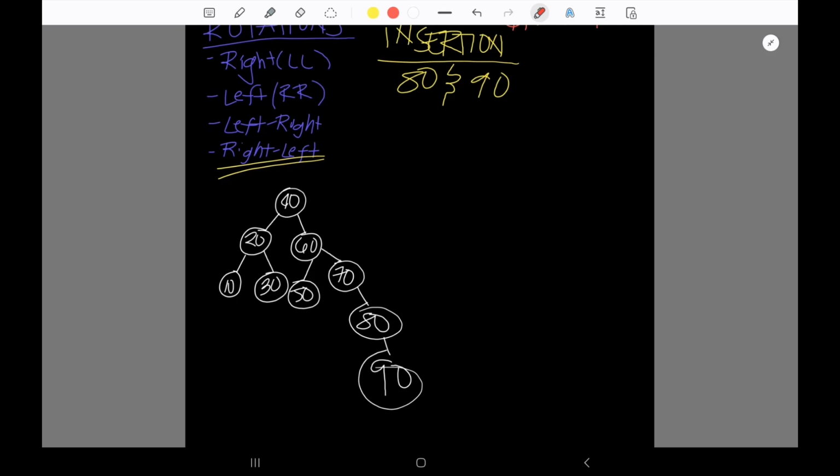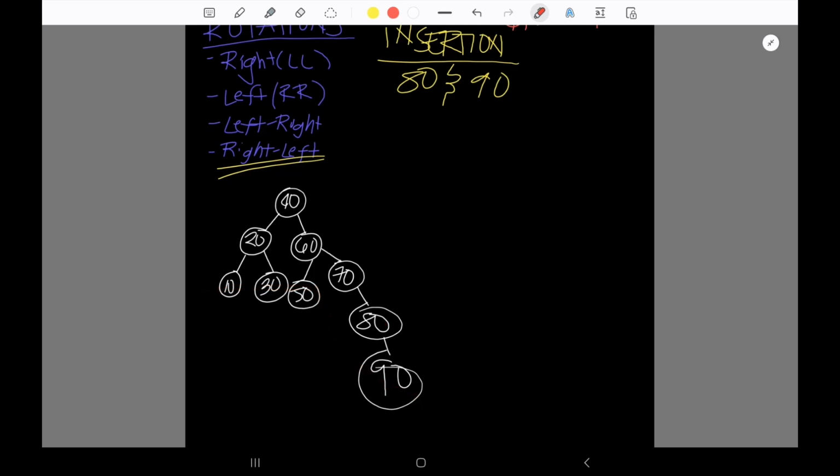As you can see, we're gonna start evaluating at the bottom. So we have 0 here, 0 here, 0 here, 0 here. So all of the leaves are okay. How about 80? We have 1 balance factor.